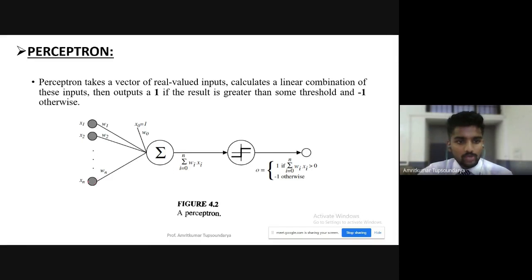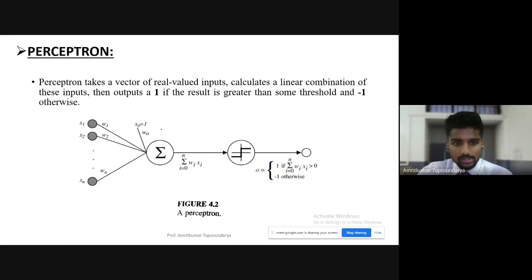If you want to connect it to the previous example, let's say these circular shaded figures represent pixels. So we have pixels x1, x2, so on till xn, and every pixel has a weightage value, represented by w1, w2, and so on till wn.